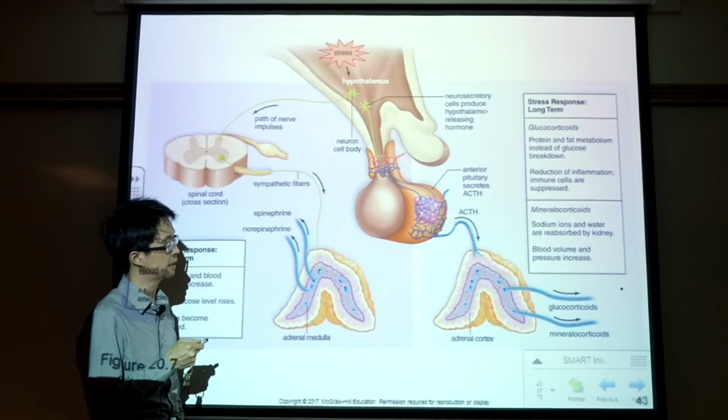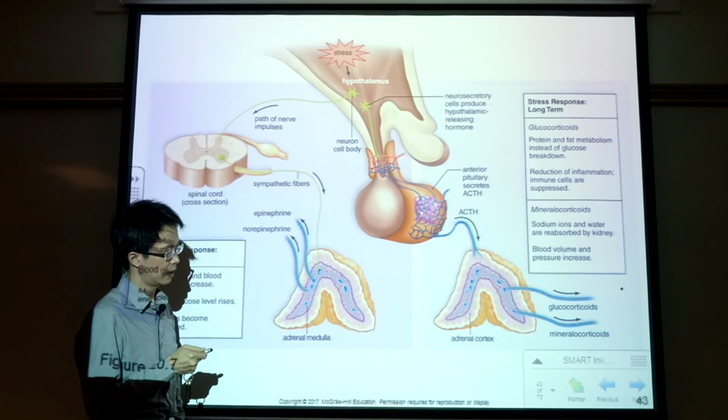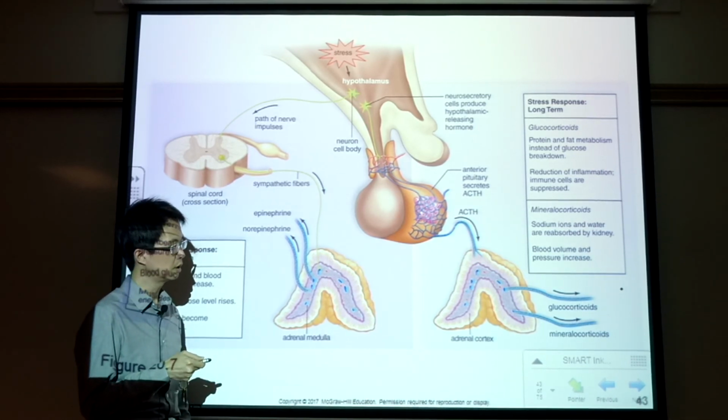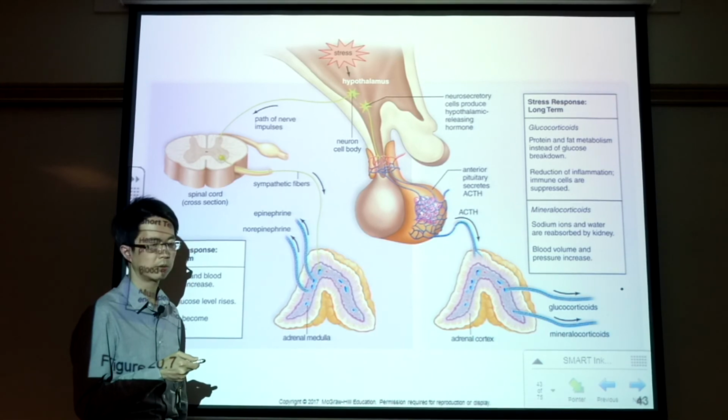CRH will stimulate the anterior pituitary to secrete ACTH, adrenocorticotropic hormone. This hormone will be released and bind to the adrenal cortex. The adrenal cortex will then secrete glucocorticoid and mineralocorticoid. Glucocorticoid, for example, cortisol. Mineralocorticoid, for example, aldosterone.